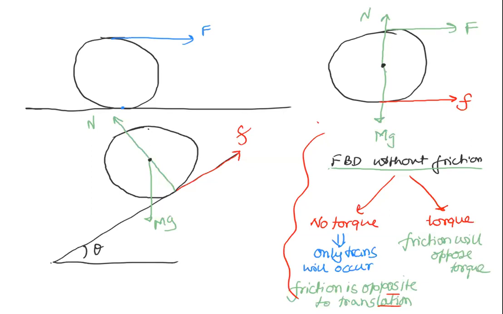Now I want to talk about the limitations of this method. So supposing, please take a screenshot, I'll change the screen. Supposing that I give you a situation where we have a cylinder or a sphere or a ring, whatever, and the force acting on it is like this.